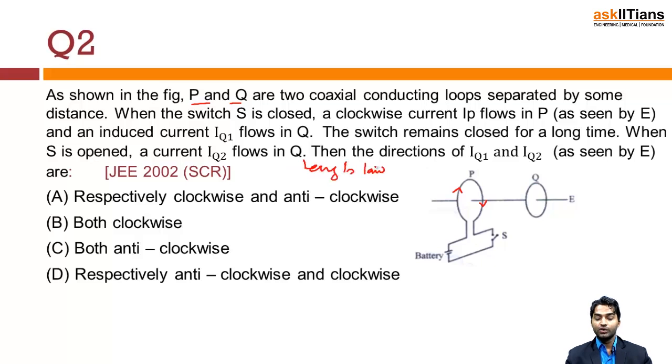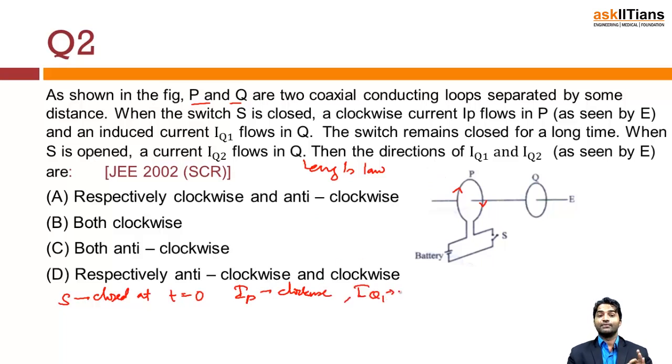In Lenz's law, let the switch S be closed at time t equal to 0, and it is given that the direction of IP is clockwise. Now we have to find the direction of IQ1.